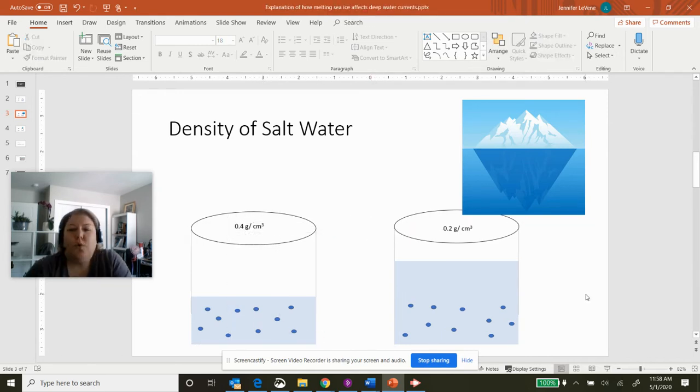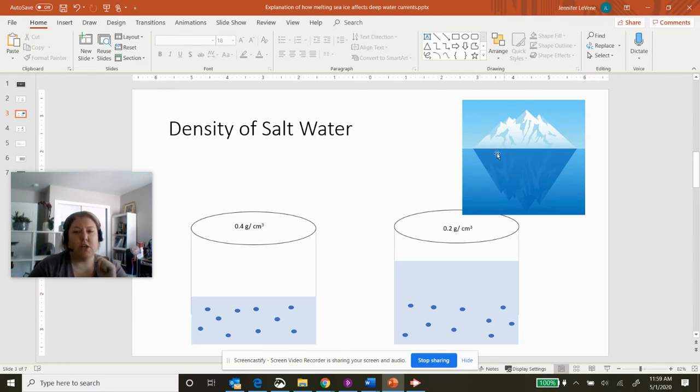Obviously when water gets colder, it forms ice. When you form ice, it leaves the salt behind. So only the fresh water is removed from the ocean water, and the salt is actually left there.